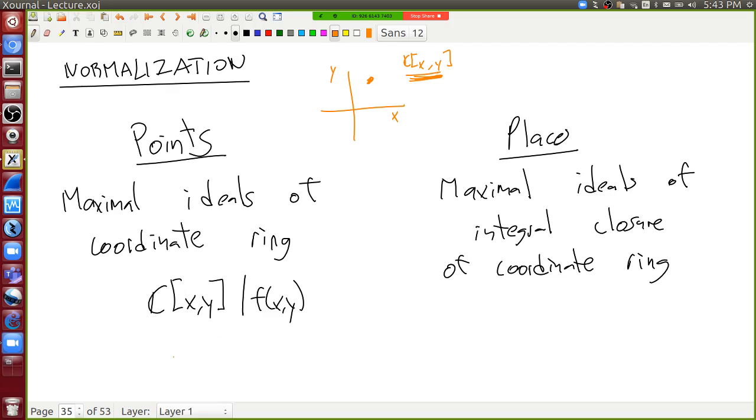And when we work on what's called the coordinate ring, which is C[x,y] modulo whatever the defining polynomial is for our curve, the maximal ideals there are in one-to-one correspondence with the points on the curve. So we really can start talking about rings and ideals without losing anything.